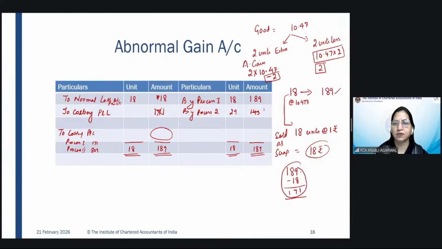Sorry, it was 900 something, no? 29 into 32, 954. To normal loss account, process 1, 18, process 2, 29 units, 145, and to costing P&L, 980.